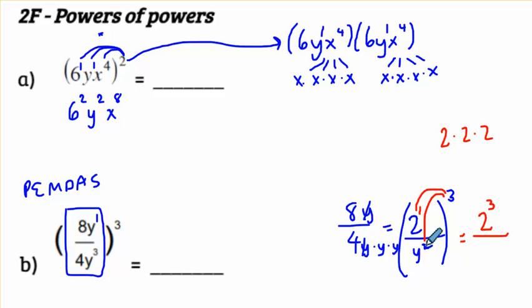So 2 is our exponent, and we're raising it to the third power. Remember, powers of powers we multiply. If you are not sure, write it out. This is y times y, and we're doing it 3 times. Y times y and y times y. So clearly we get y to the 6th power.